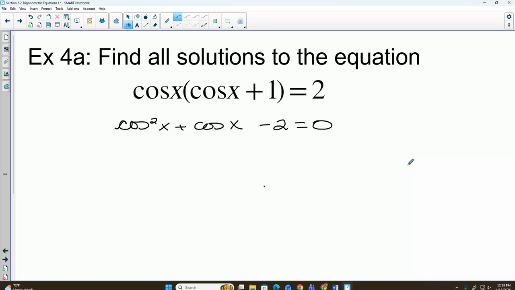Now what could I do? Multiply to a negative 2 and add to a positive 1.